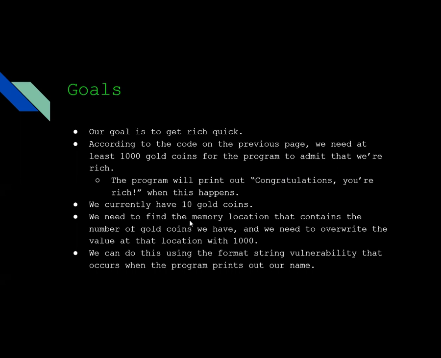We need to find the memory location that contains the number of gold coins we have, and we need to overwrite that value with 1,000. That way we'll have 1,000 gold coins instead of just having 10. And we can exploit the format string vulnerability that occurs when the program prints out our name to change the number of gold coins that we have. And that is what I'm about to show you.